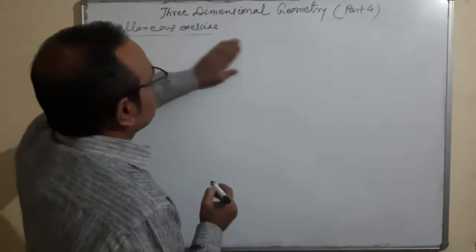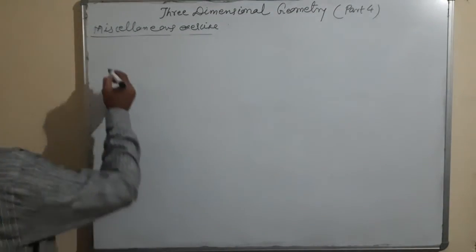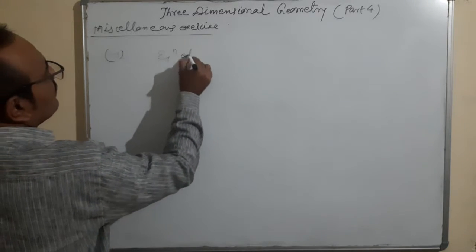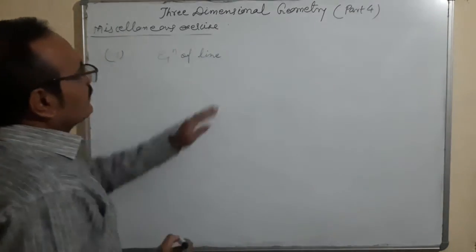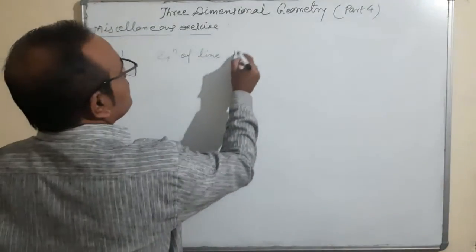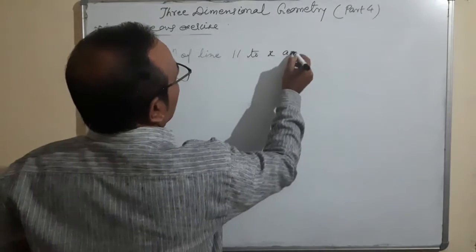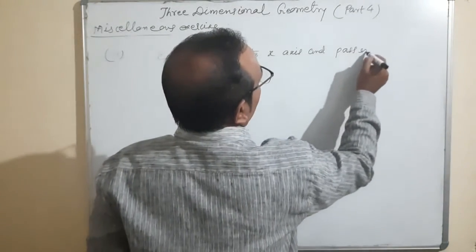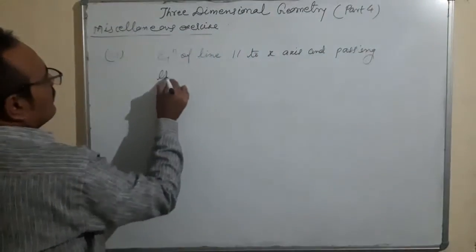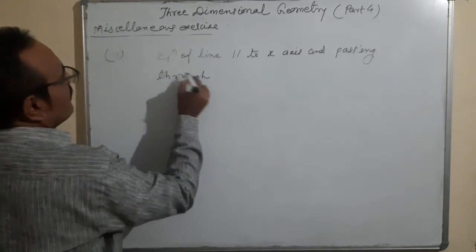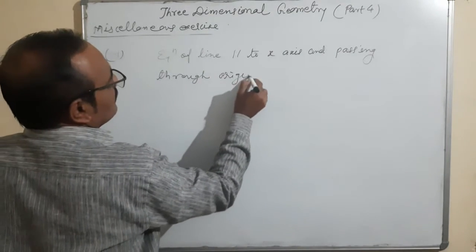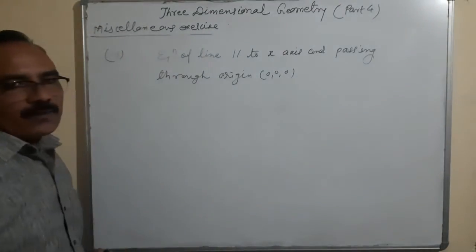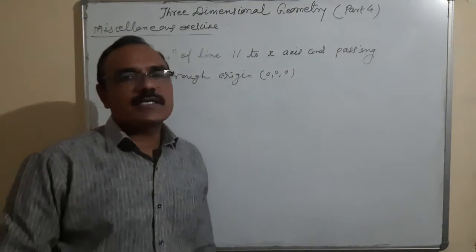Find the equation of the line parallel to x-axis and passing through the origin, 0, 0, 0. So the equation of the line parallel to x-axis and passing through the origin.